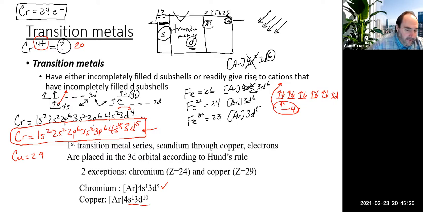At that point, it would then need to come into here, and we would need to lose another 3 electrons out of here. And what we would end up with is argon 3d2 would be the proper configuration. Again, losing those s electrons first, followed by some d electrons.